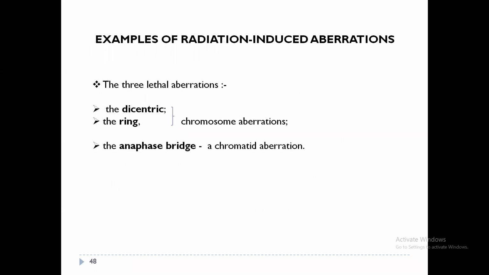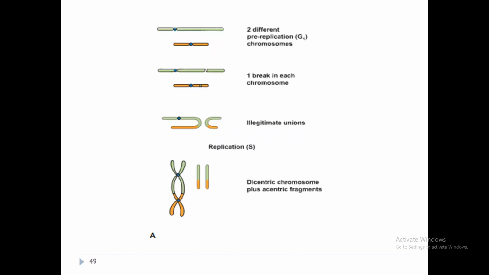So what are the examples of these radiation-induced aberrations? There are three lethal aberrations. Dicentric and ring are chromosome aberrations, while the anaphase bridge is a chromatid aberration. So this is a picture which shows the dicentric chromosome.